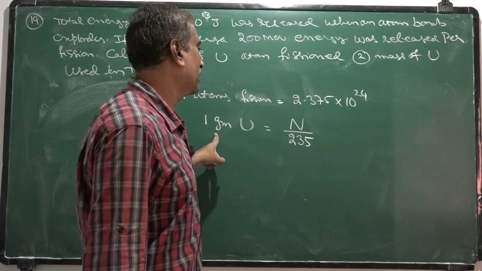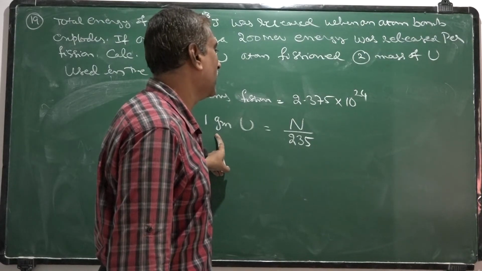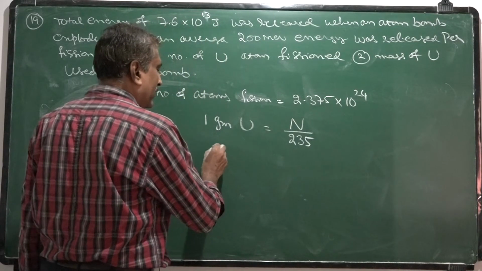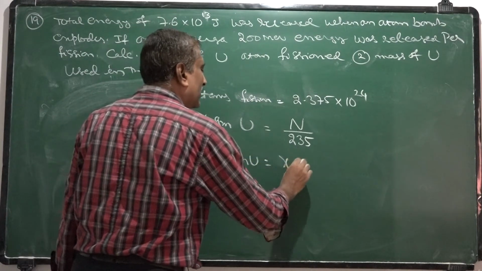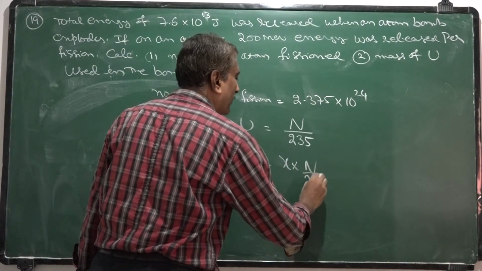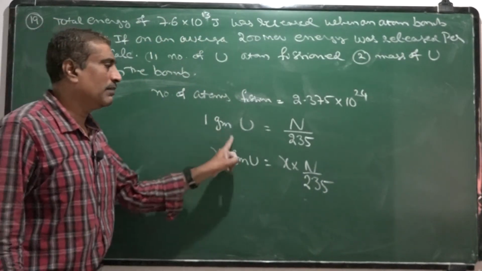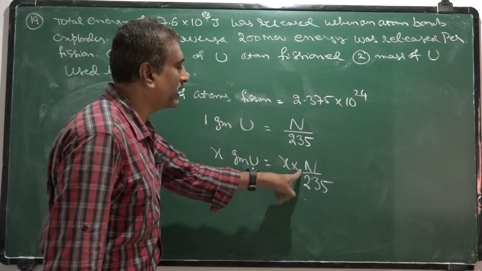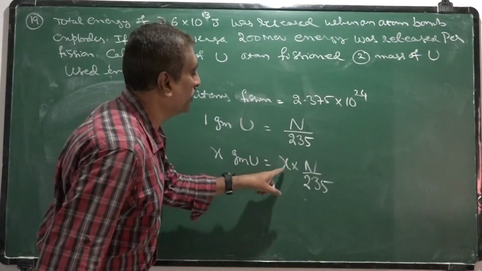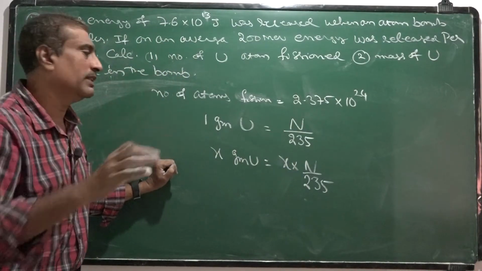Okay. Then X gram of uranium contain X into N by 235. Okay, 1 gram contains N by 235 atoms. X gram of uranium contain X into N by 235. So, suppose assume that X gram of uranium is used in the bomb.